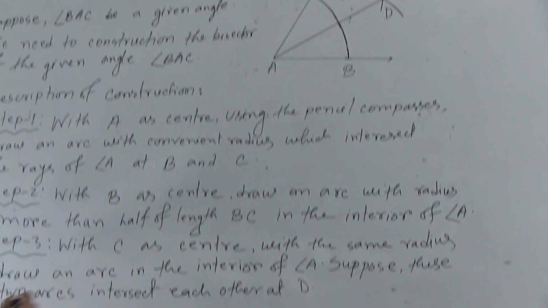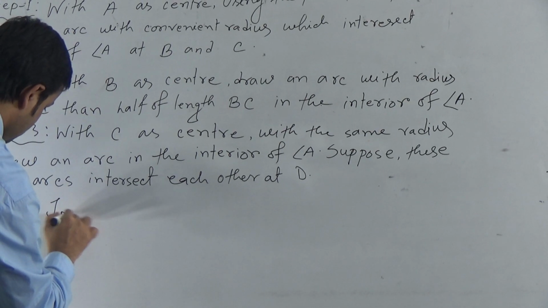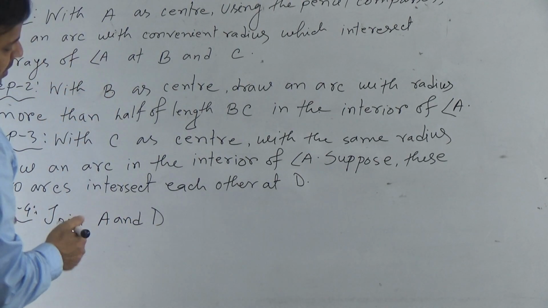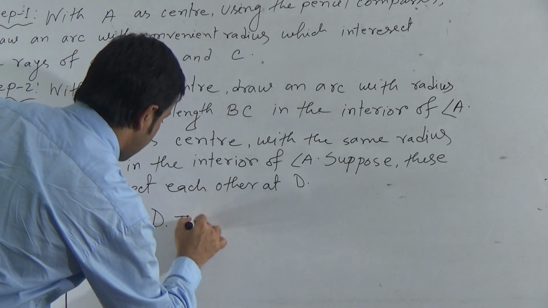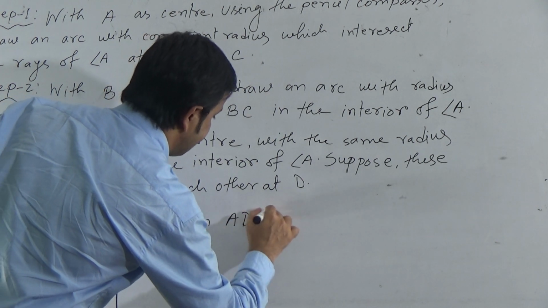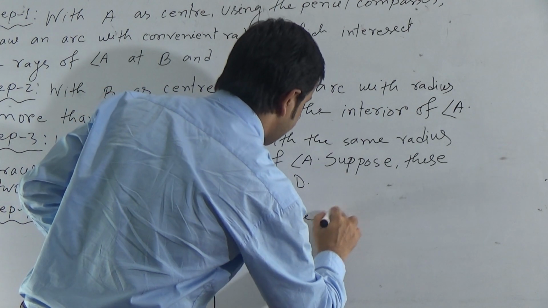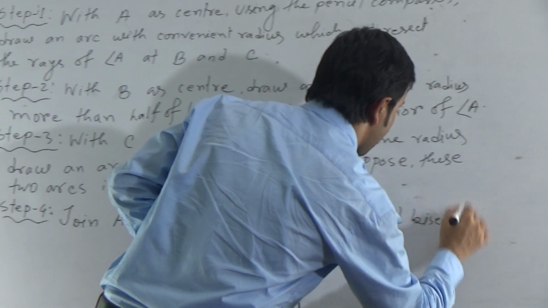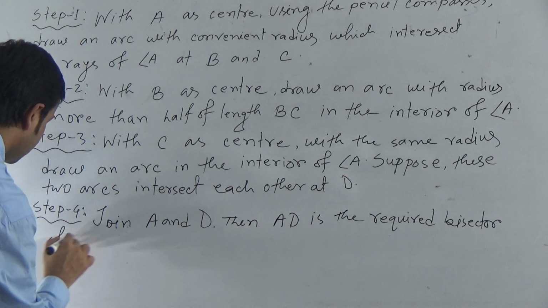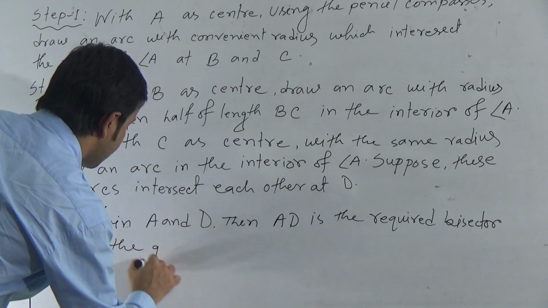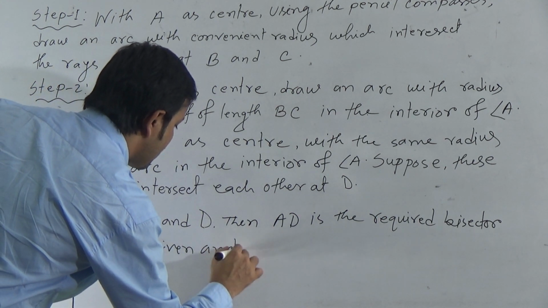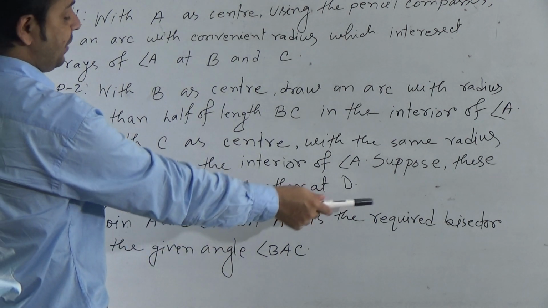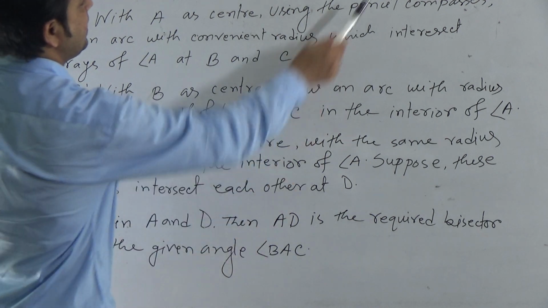So we can say, join A and D. Then AD is the required bisector of the given angle BAC.